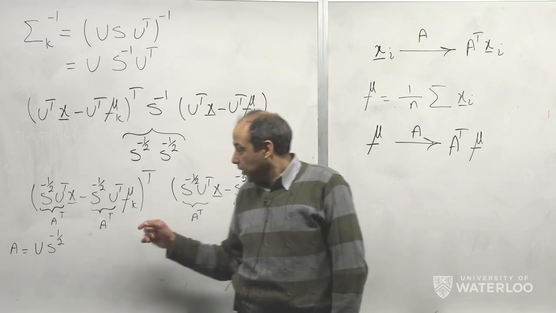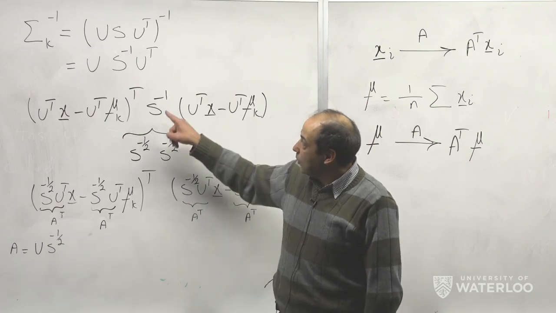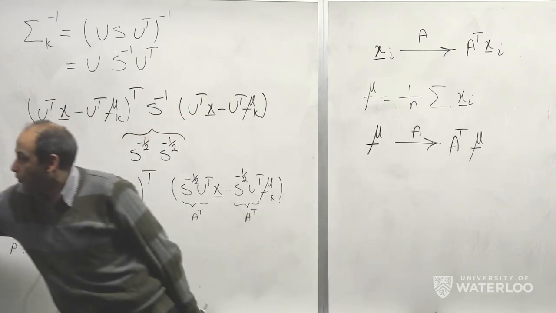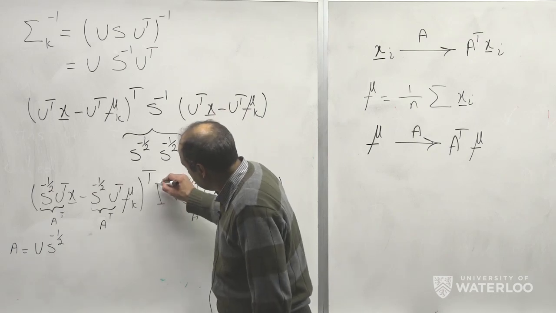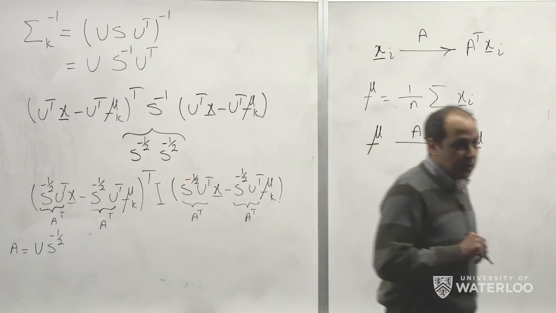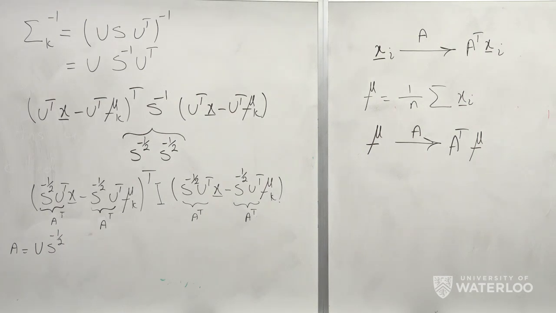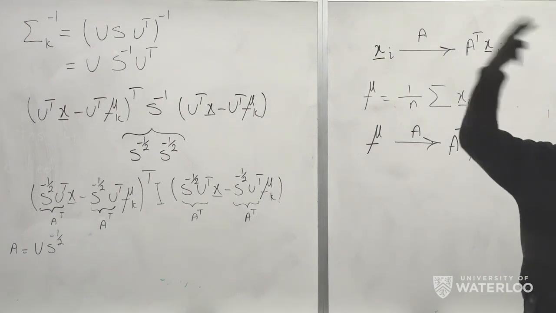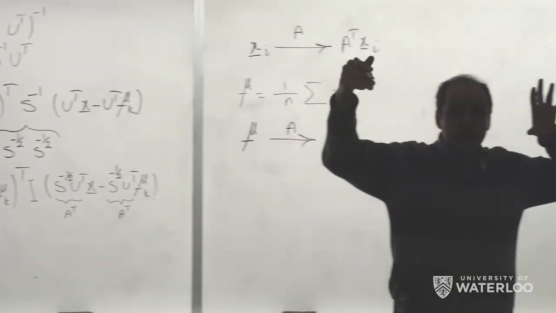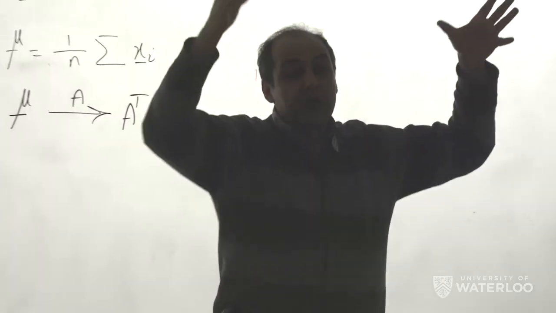Right? Because again, this sigma inverse that I had here does not exist anymore. It's as if it's I. See what happened? I had a case that the class conditional was not spherical, so sigma was not identity.